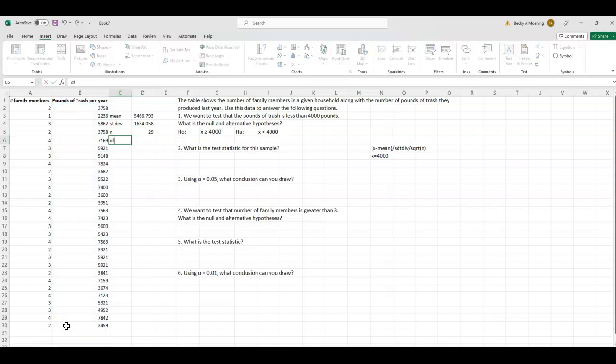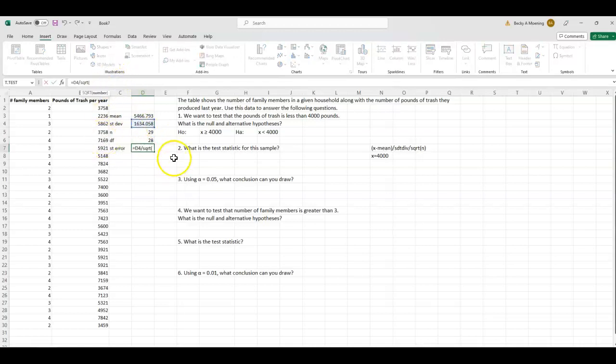Now, eventually we are going to need the degrees of freedom. We know the degrees of freedom is 1 less than our sample size because we are dealing with a one sample test. And is that all we need? Well, let's go ahead and find the standard error. The standard error is the standard deviation divided by the square root of n.